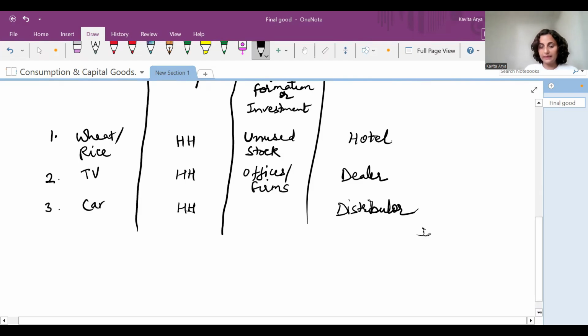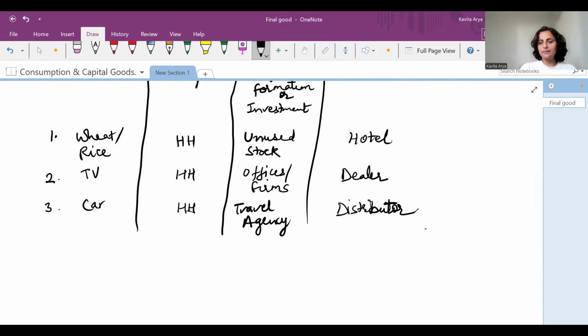Some malfunctioning again with my stylus. But when would we have a car as a final good in terms of investment? When it is with some travel agency. So this becomes a final good, but it is with the firm in the form of investment.